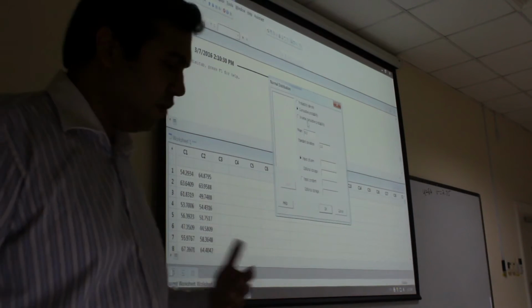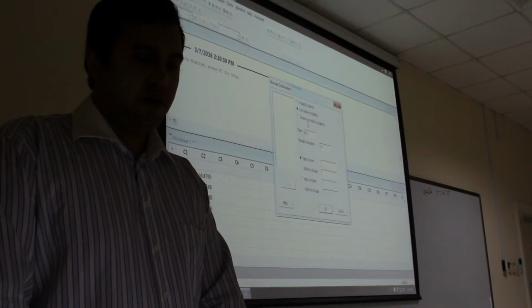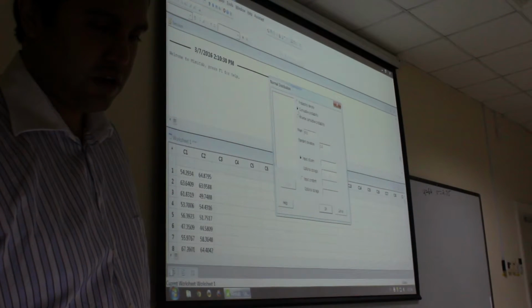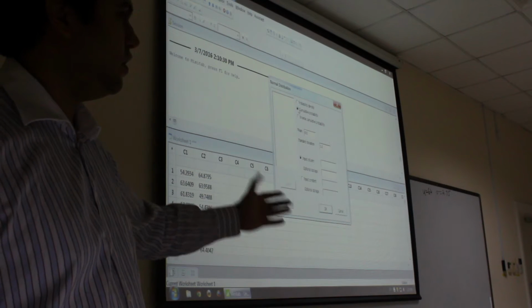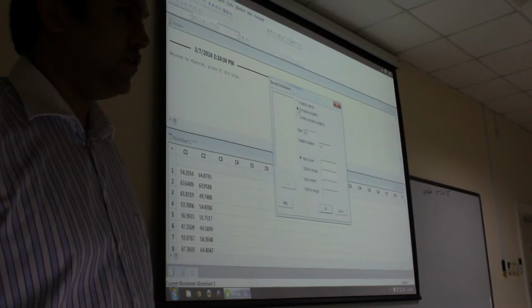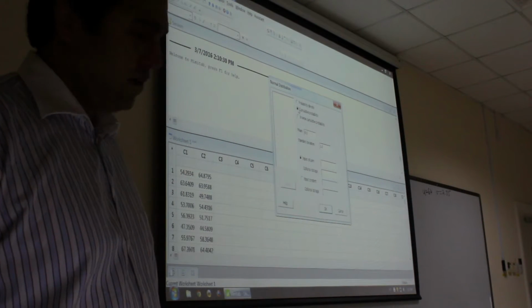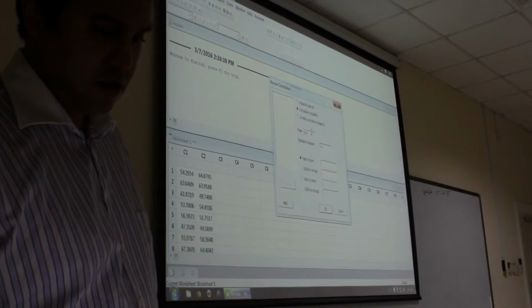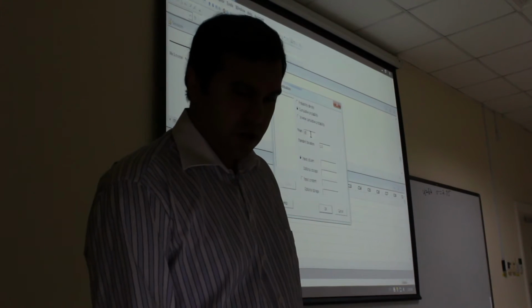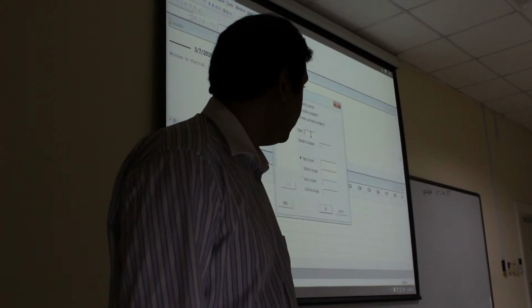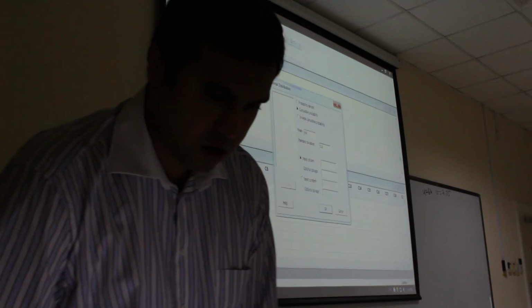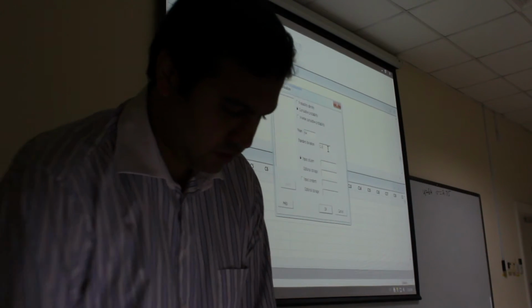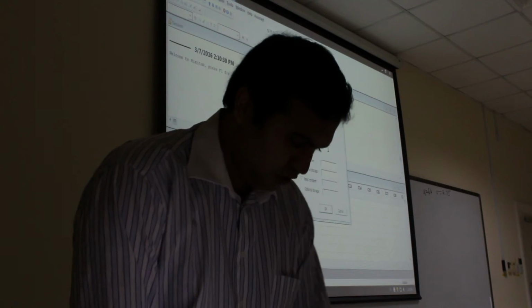Here we'll use the cumulative probability option, because this is a normal distribution, not a discrete distribution. You first specify the distribution. The mean is 64. The standard deviation is 2.75.